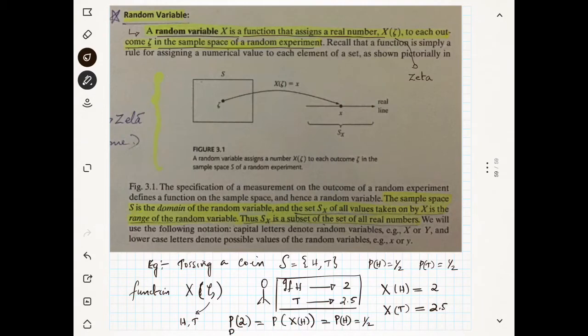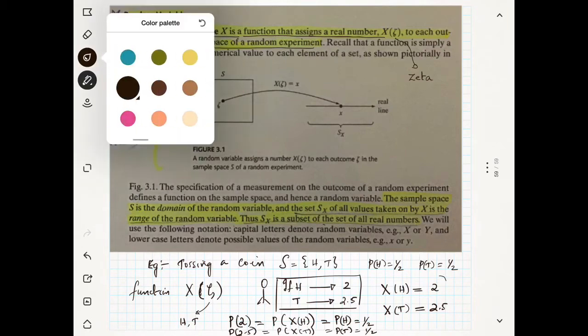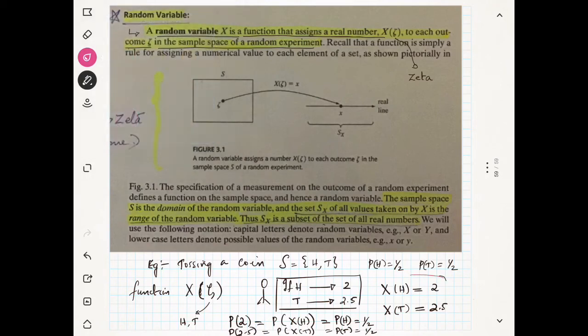Similarly, the probability of 2.5 is nothing but the probability of tail, and it is again 1/2. So this is what the random variable is. This 2 and 2.5 we will call random variable values, and the probabilities of each are given here, right?